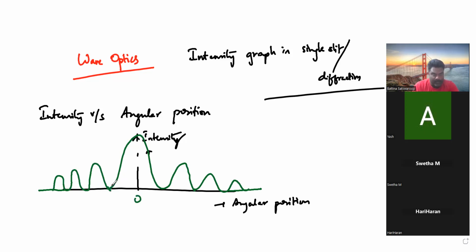ஓகே, so these values are important. 0 touching points, minus lambda by d, minus 2 lambda by d, minus 3 lambda by d. Okay, here also lambda by d, 2 lambda by d, 3 lambda by d.